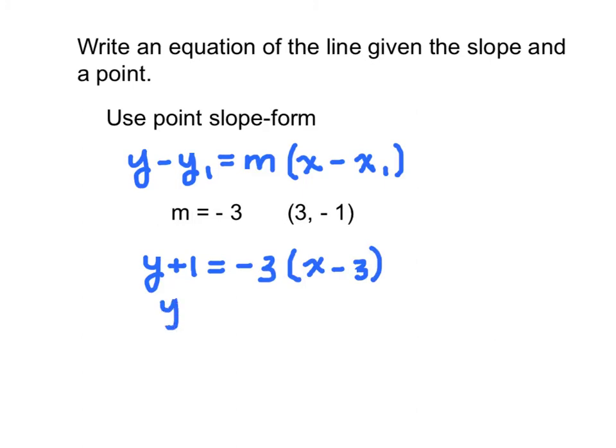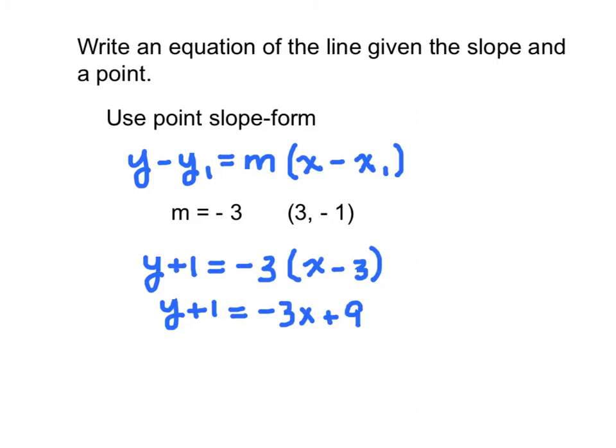So the equation will become y plus 1 is equal to, I'm going to take that negative 3 and distribute over the parentheses. It'll be negative 3 times that x, and negative 3 times that negative 3. And so I'll say negative 3 times my x, negative 3 times the negative 3 will become plus 9. All right, I want this to be a y equals equation to be in slope-intercept form.